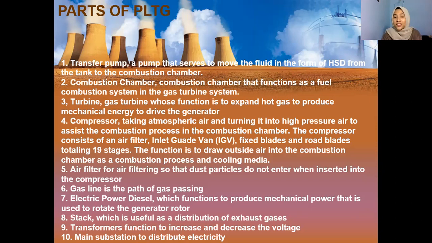Number 6, gas line, the path for gas passing. Number 7, electric power diesel, with the function to produce mechanical power that is used to rotate the generator rotor. Number 8, stack, which is useful as a distribution of exhaust gas. Number 9, transformer, whose function is to increase and decrease the voltage. Plus number 10, main substation, to distribute electricity.